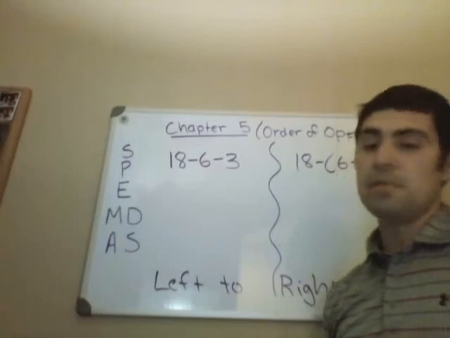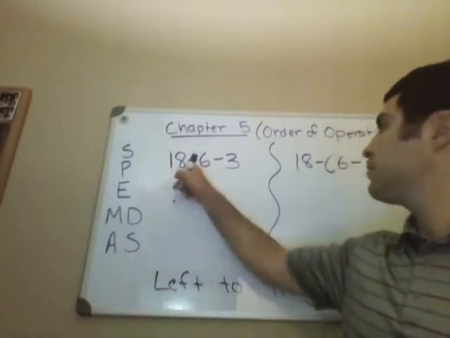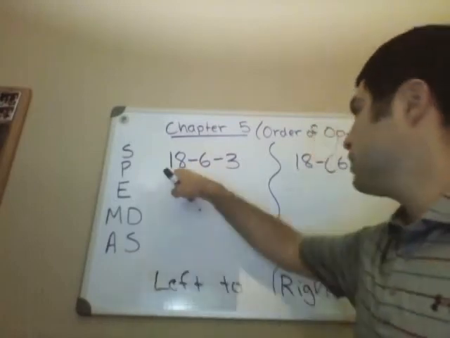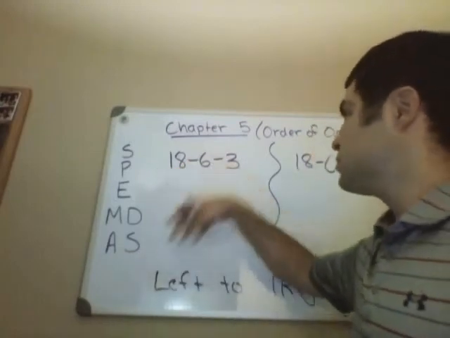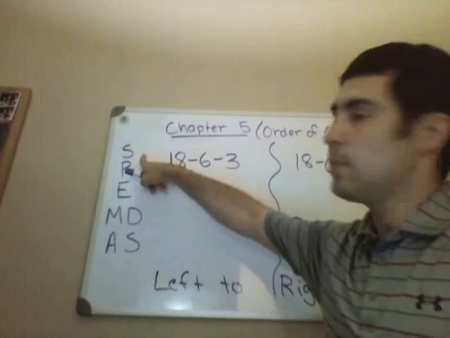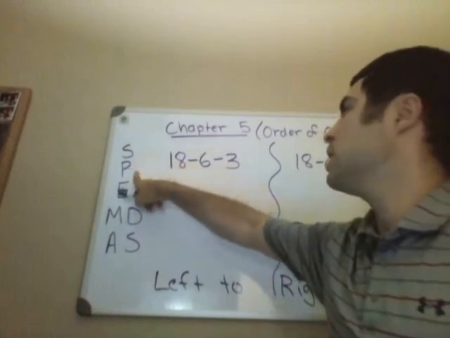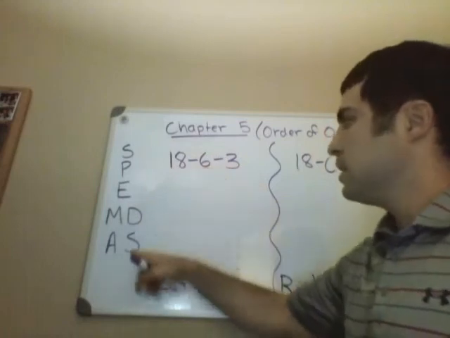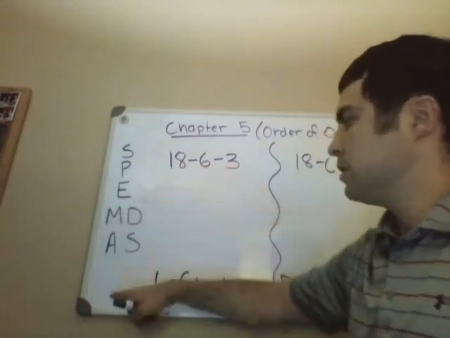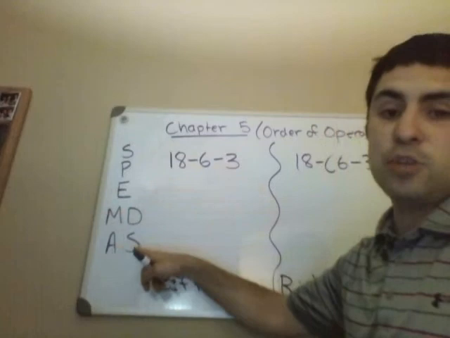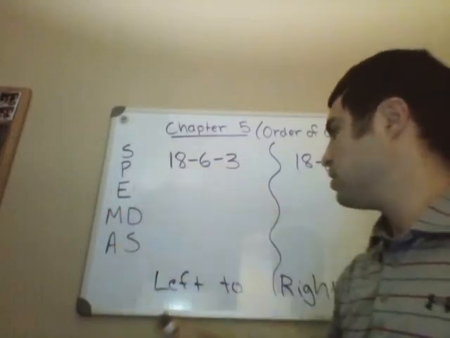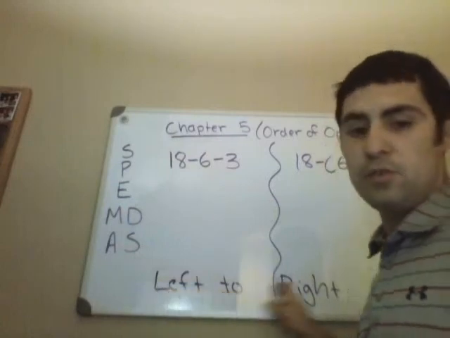Alright, let's do a problem that has the same numbers, only we have different operations. The first one, 18 minus 6 minus 3. We do the order of operations. Nothing to substitute. No parentheses. No exponents. No multiplying, dividing. And so we would do all of this first before we get to the add and subtract step. Since there's nothing to do up here, we add and subtract from left to right.